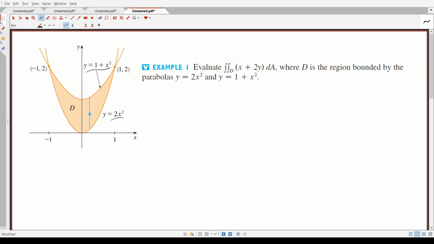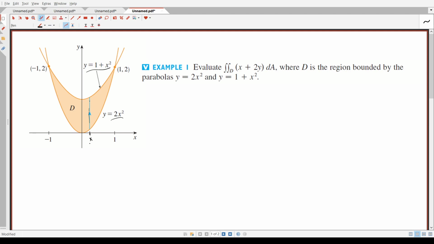So first I want to pick whether I'm going to integrate this first with respect to x or first with respect to y. Notice where they have this blue line indicated. I'm going to pick a value of x, and then I'm going to integrate along this line.